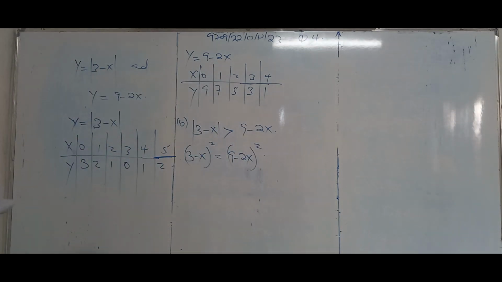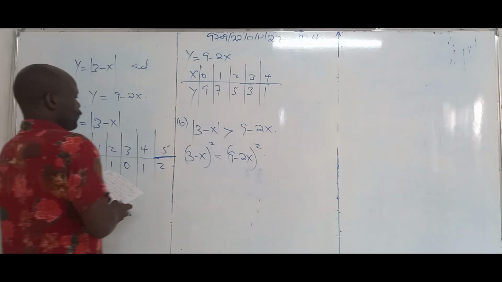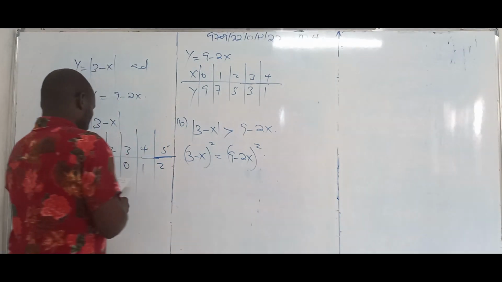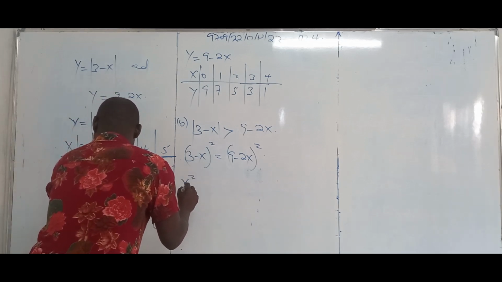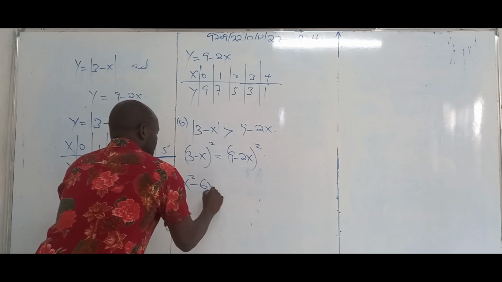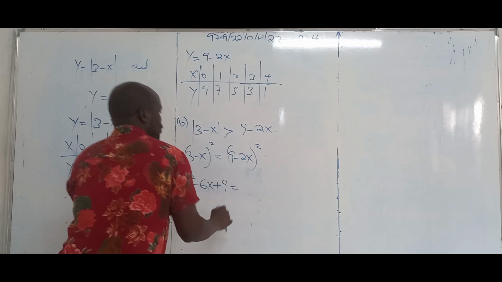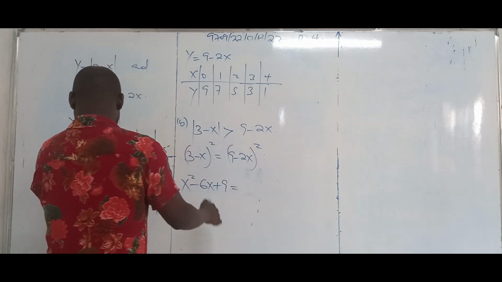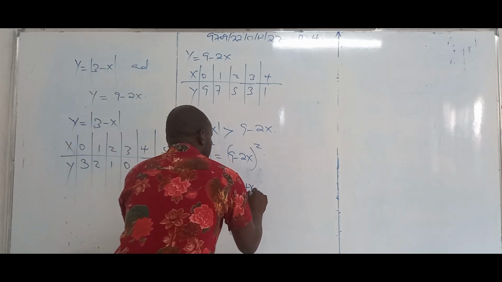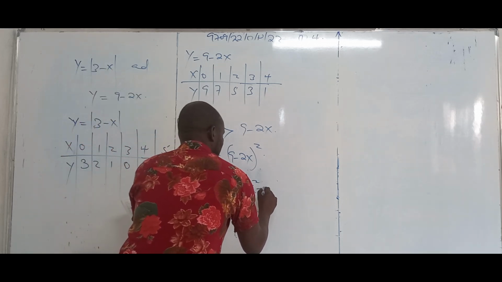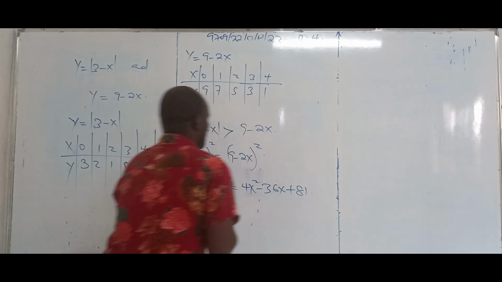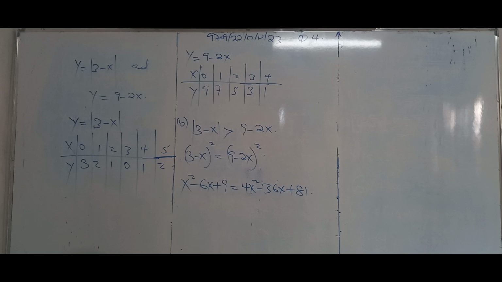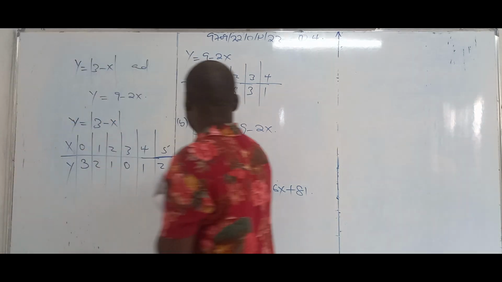If we expand this particular one, we should get x squared minus 6x plus 9, equal to, upon expanding this side, 4x squared minus 36x plus 81. I hope we don't have any problem with expanding.